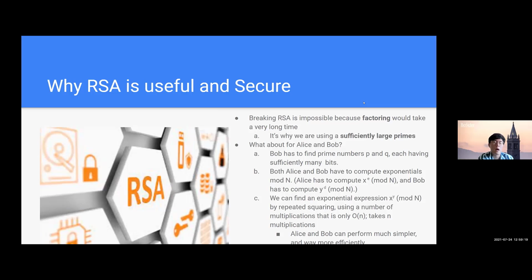It takes far longer to figure out those primes, because there are infinitely many prime numbers, and you would have to check from the very first prime: 2, 3, 5, 7, 11, and so on. So it's practically impossible to find the decryption function, because it would take far longer than you expected to figure out how n factorizes.